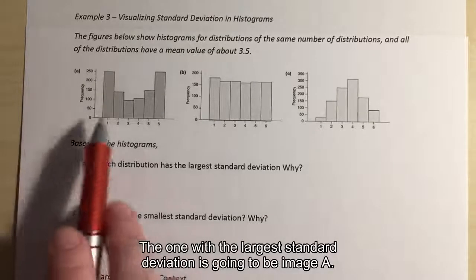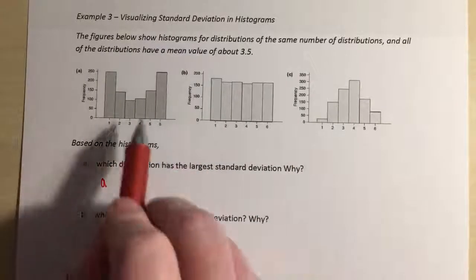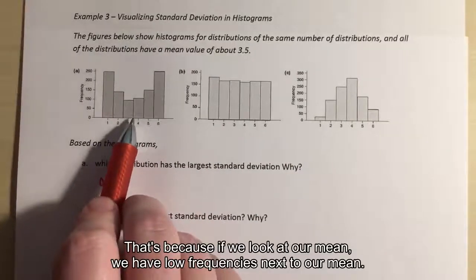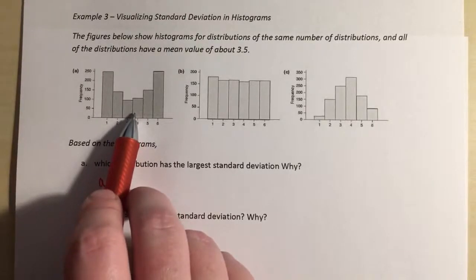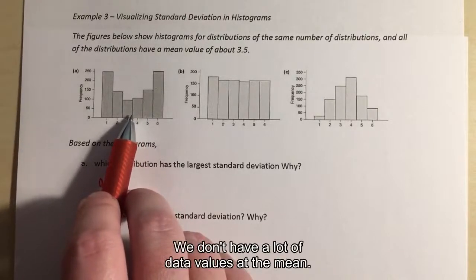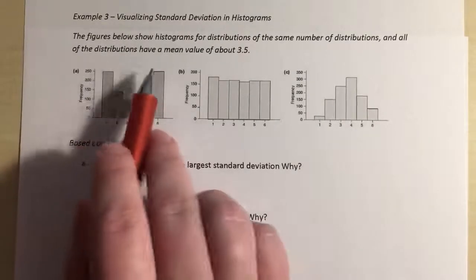Right, so the one with the largest standard deviation is going to be image A. Right, and that's because if we look at our mean, we have low frequencies next to our mean. Right? So we don't have a lot of data values at the mean. We have a lot of data values at our extremes over here. Right?